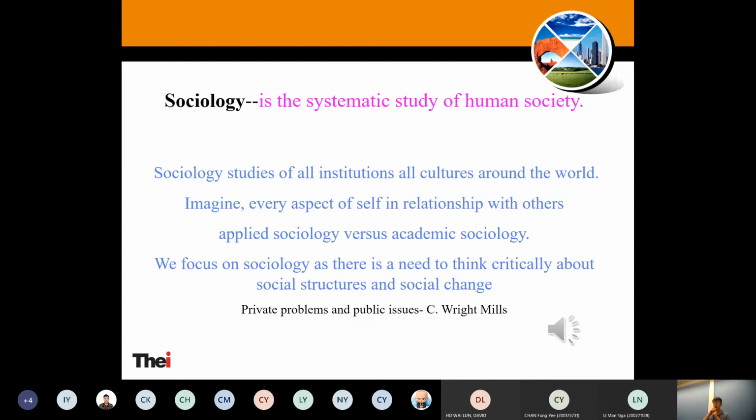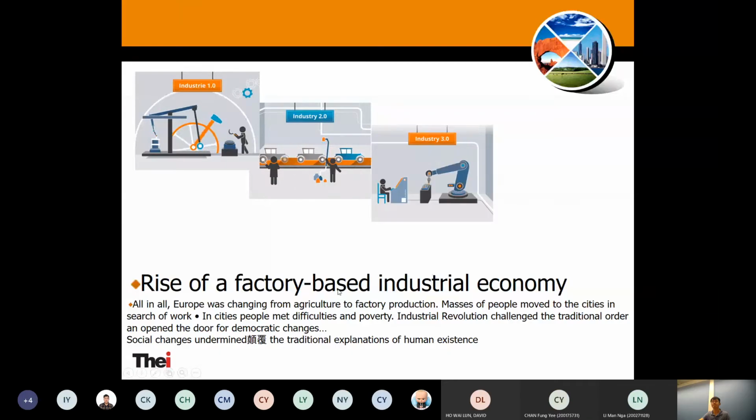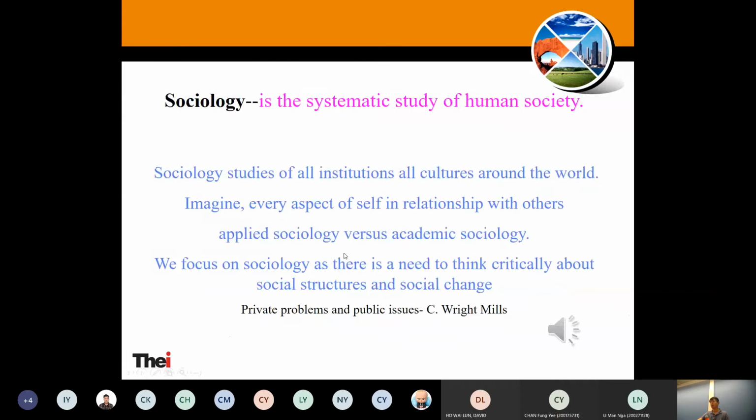Okay, before the break, we mentioned that when we talk about sociology, we refer to observations of different elements of our society.